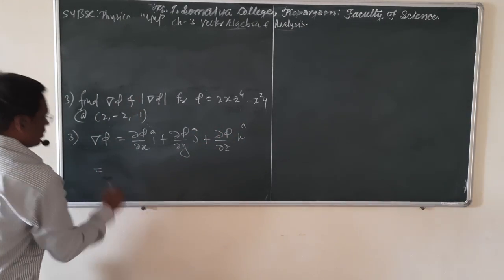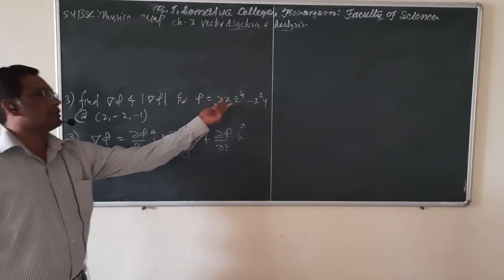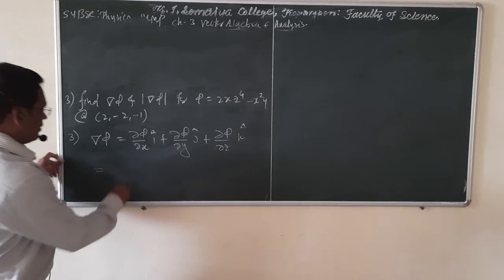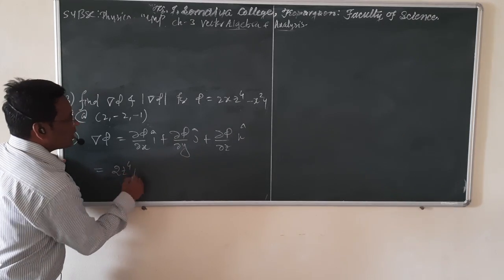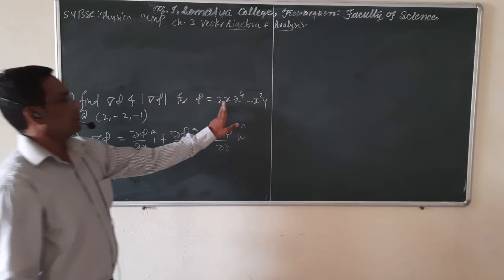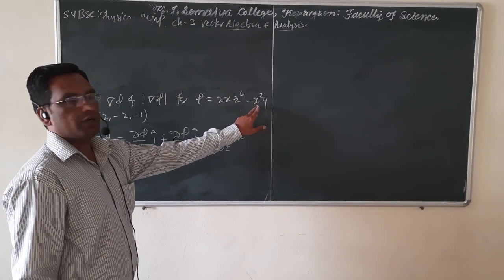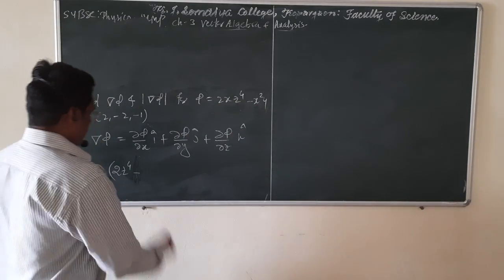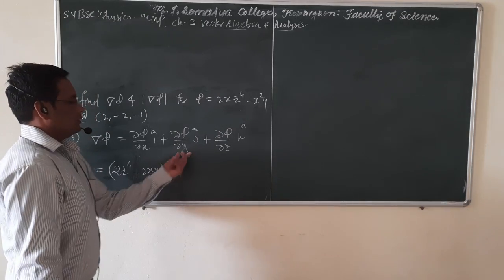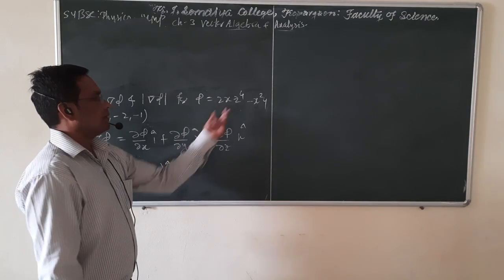Now we have to take the partial derivative of this phi with respect to x. So that will become 2 into z raised to 4, minus 2 times xy, i cap, plus we have to take the derivative with respect to y.